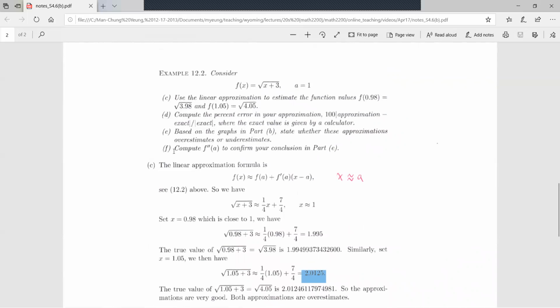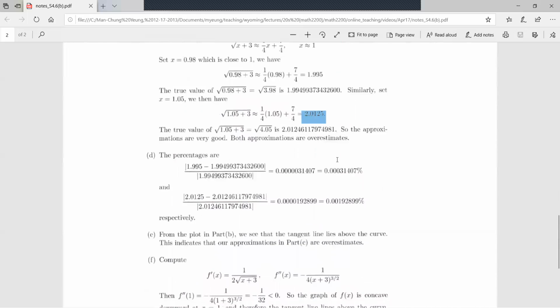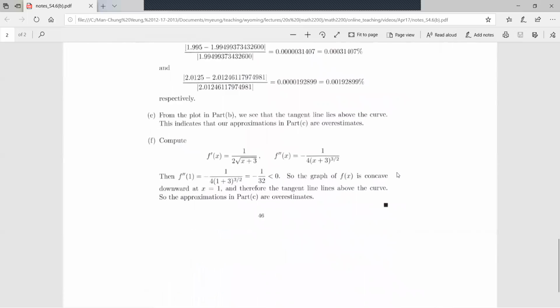Question F. Compute the second derivative at a. Now a is 1. Compute the second derivative at 1 to confirm your conclusion in part E. Okay, now compute the derivative twice.